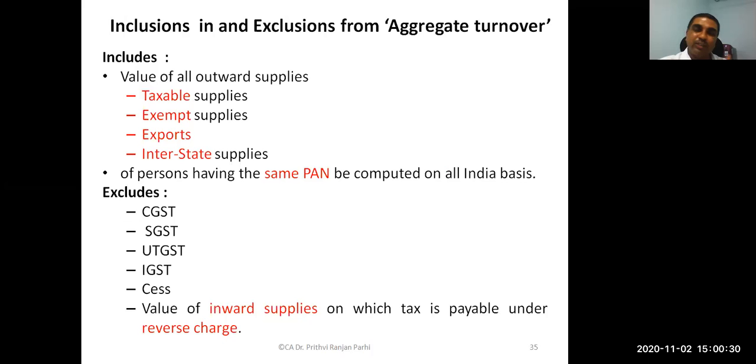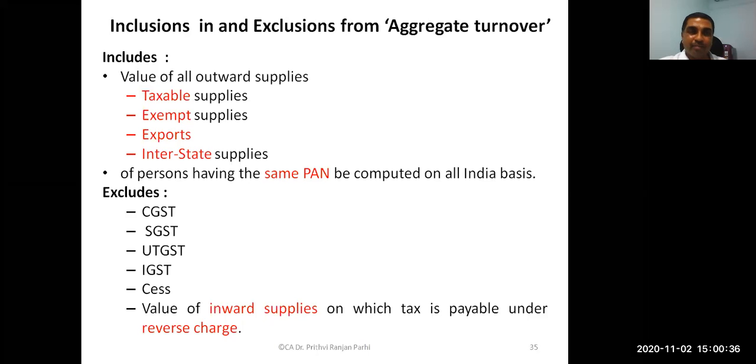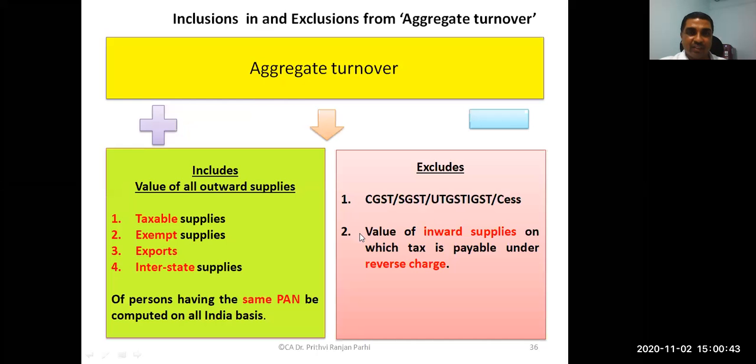If some tax is payable on inward supplies on reverse charge basis, then that will not be included in the threshold limit for deciding aggregate turnover. These concepts we had discussed earlier.